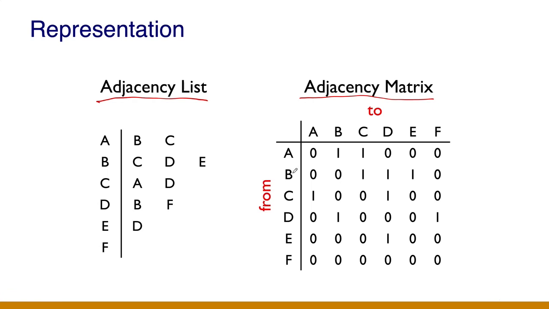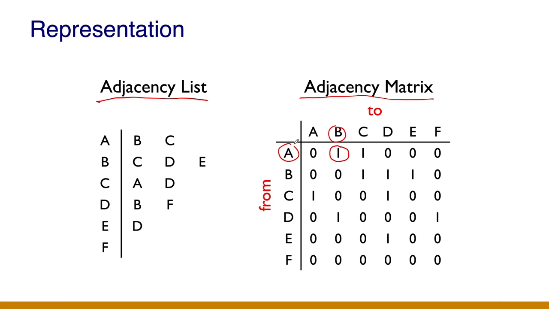We use 0 to represent that there's no connection at all, and we use 1 to represent that there's one edge existing between the from vertex, which is over here, and the two vertices over here. For example, if you have 1 in the matrix, it means that you have one edge connecting from A to B.